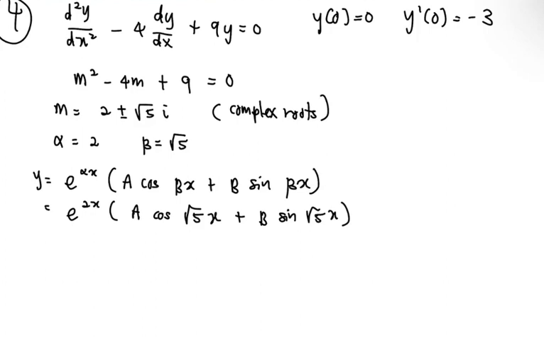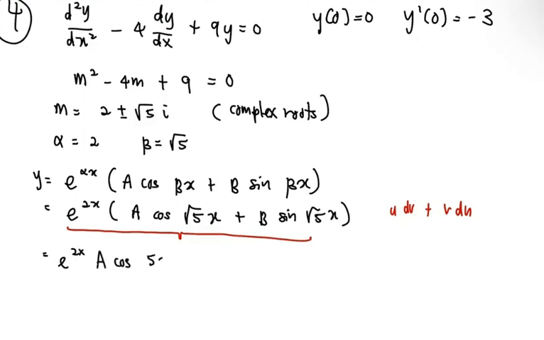So we can use the product rule. Once again, use the product rule: u dv plus v du. First let me expand this one. So we have e to the power 2x times a cos root 5x plus e to the power 2x times b sin root 5x.